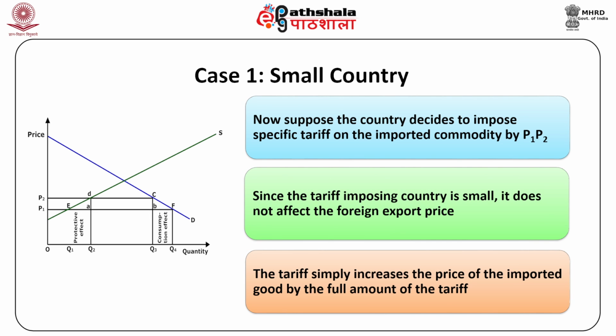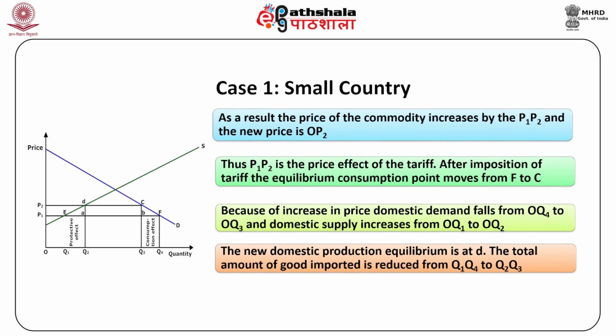Now suppose the country decides to impose a specific tariff on the imported commodity by P1P2. Since the tariff imposing country is small, it does not affect the foreign export price. The tariff simply increases the price of the imported goods by the full amount of the tariff. As a result, the price of the commodity increases by P1P2 and the new price is OP2. Thus, P1P2 is the price effect of the tariff.